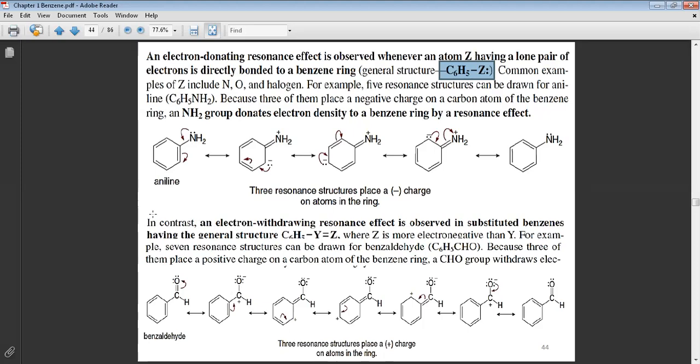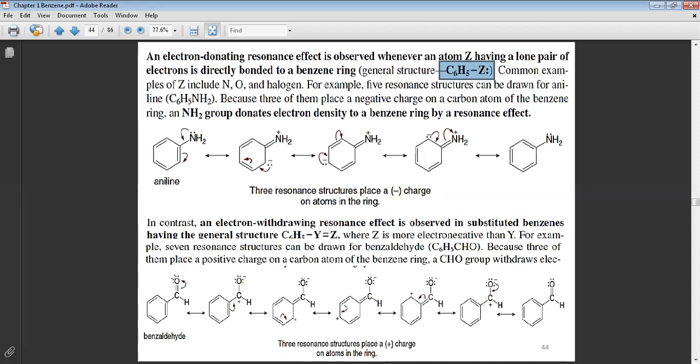Now, in this case, an electron withdrawing resonance effect is observed anytime in a substituted benzene having the general structure: this benzene ring with Y, any atom, double bond Z. Like any compound like this, look, a benzene ring with Y here, carbon, double bond Z, like a carbonyl group, where this Z is more electronegative than Y.